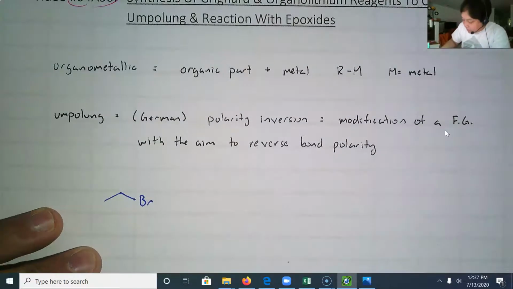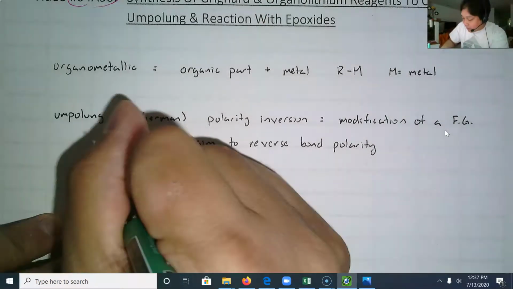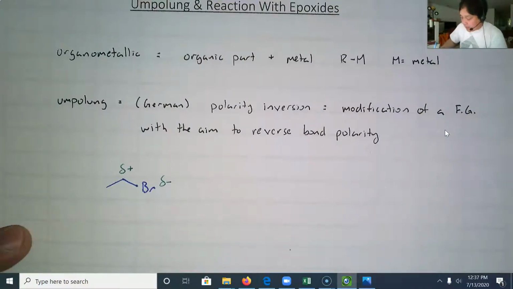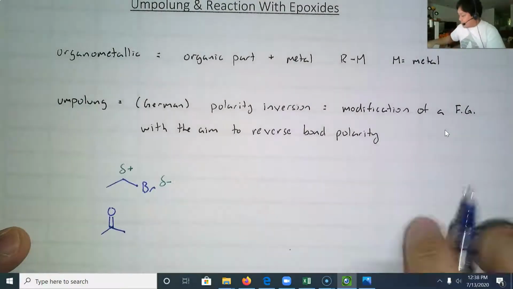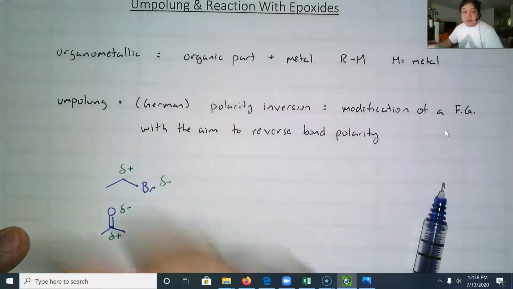And we have a bromine, which is electronegative, pulling electrons away from the carbon. And we've seen that before. We've seen carbon with partial positives because even a carbonyl group, right? A carbonyl group also has the same type of bond dipole, which makes a carbon partial positive.